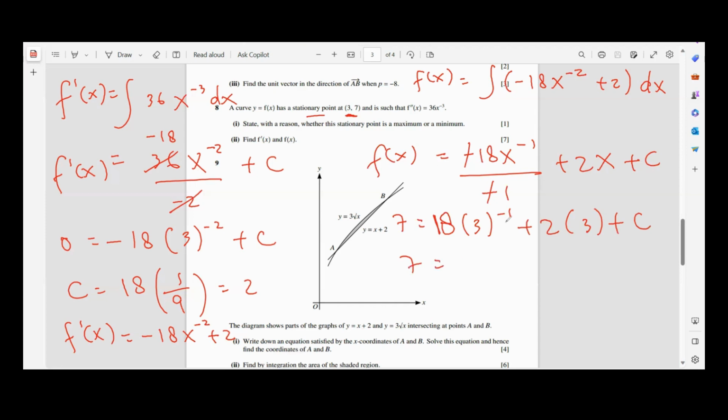So 7 equals 1 over 3 times 18, so it's 6 plus 6 plus c. So c equals negative 5. So f(x) should be 18x to the power negative 1 plus 2x minus 5. So that is for number 8. Now we go to number 9.